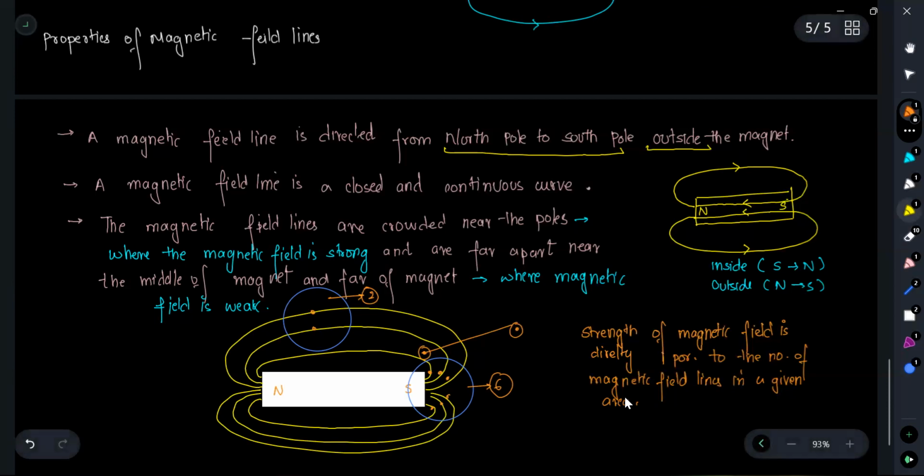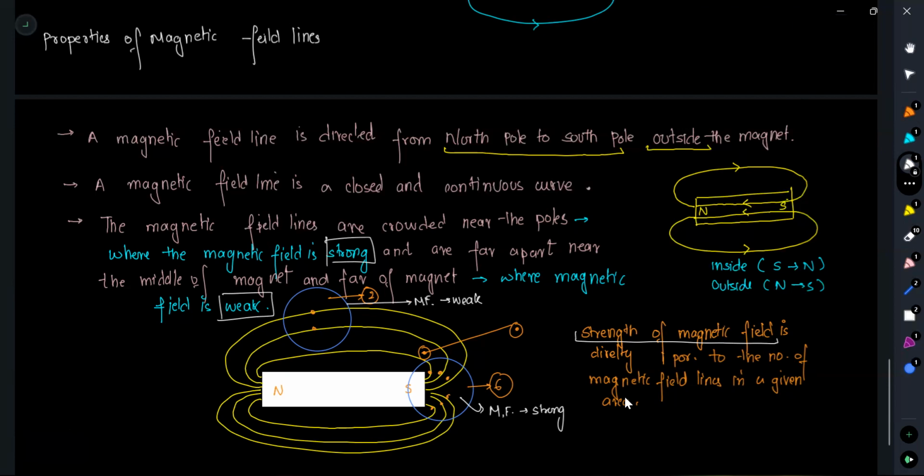So this is how you can understand the strength of magnetic field. So this is what we mean by weak and strong. So here the magnetic field is strong, and here the magnetic field is weak. Okay. Note this down.